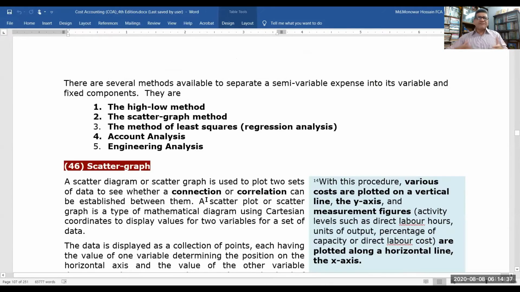So there are several methods available to separate the semi-variable expenses into variable and fixed components.